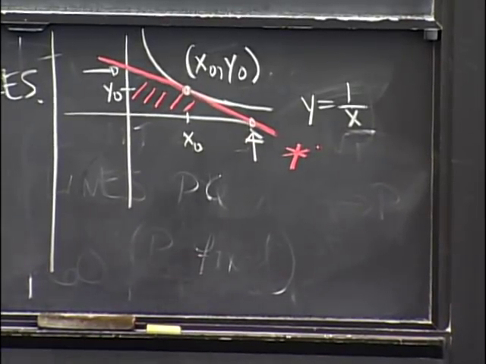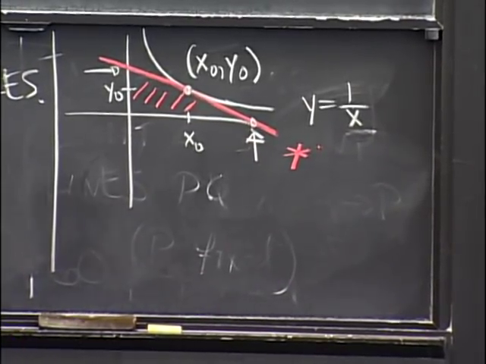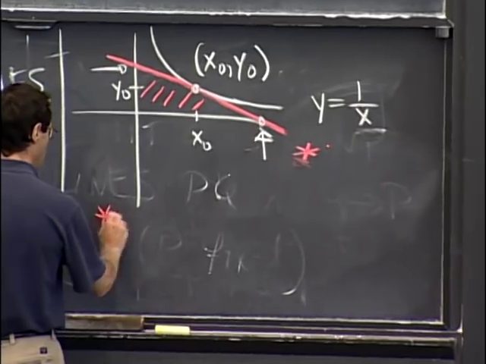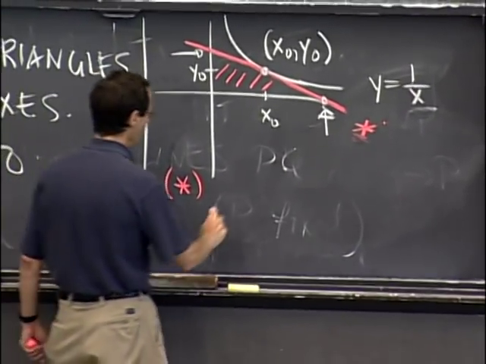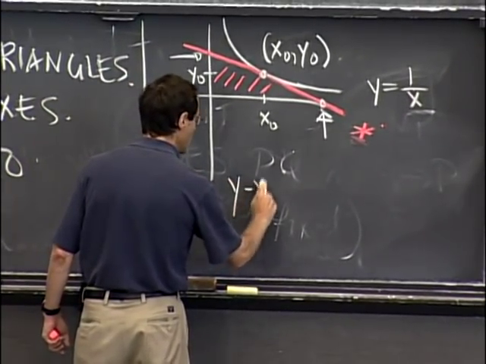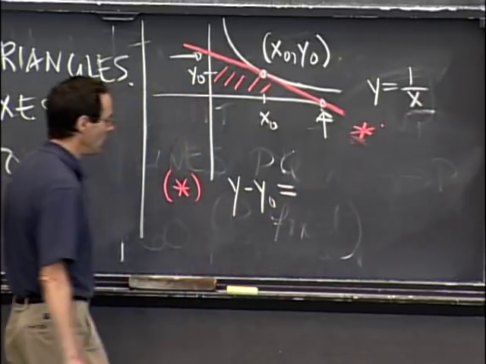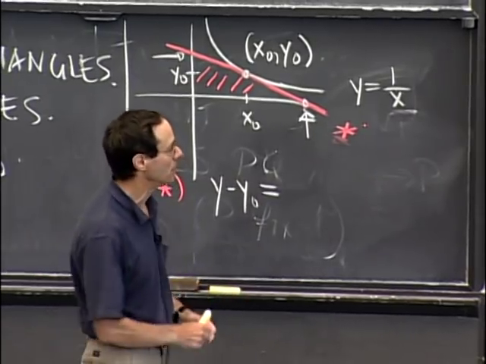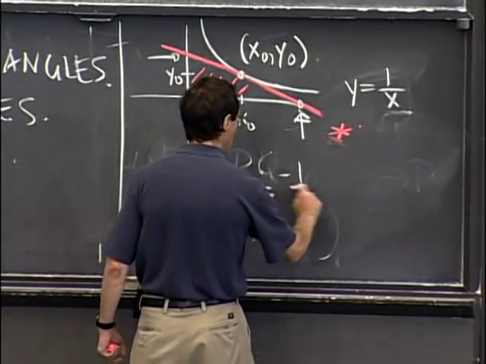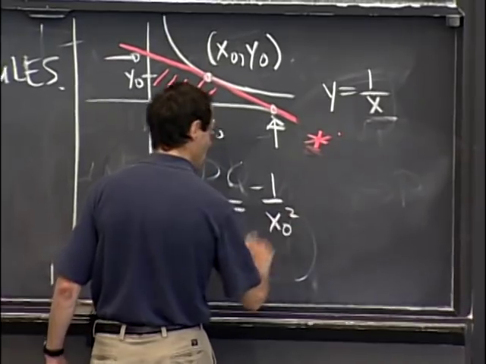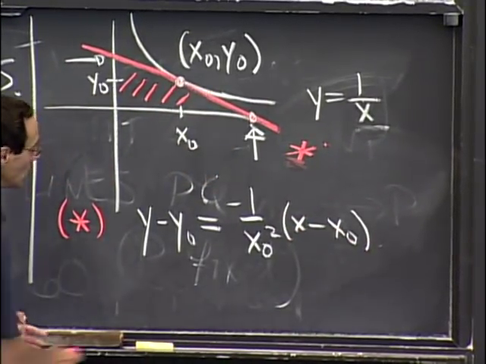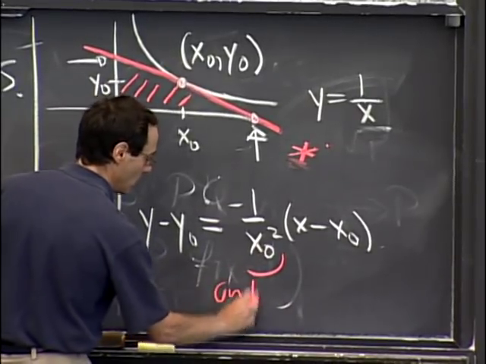And once I figured out what the tangent line is, the rest of the problem is no longer calculus. It's just that slope that we need. So what's the formula for the tangent line? Put that over here. It's going to be y minus y0 is equal to, and here's the magic number. We already calculated it. It's in the box over there. It's minus 1 over x0 squared, x minus x0. So this is the only bit of calculus in this problem.